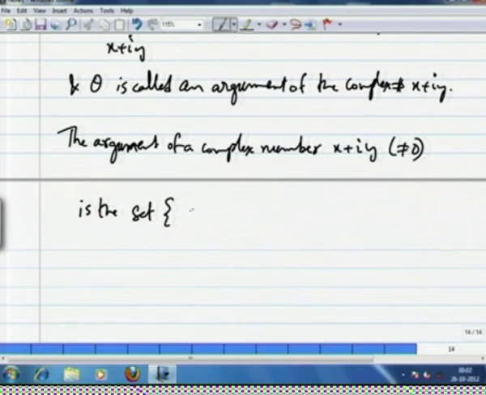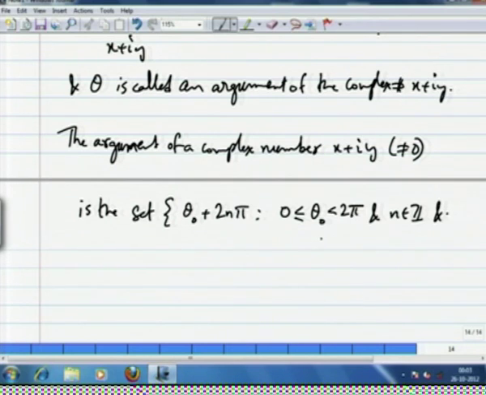Write it in one way, it is the set of all theta naught plus 2 n pi such that 0 is less than or equal to theta naught less than 2 pi, so I will take the interval 0 comma 2 pi closed at 0, open at 2 pi, and n belongs to Z, and x equals r cosine theta naught and y equals r sin theta naught, for some r.